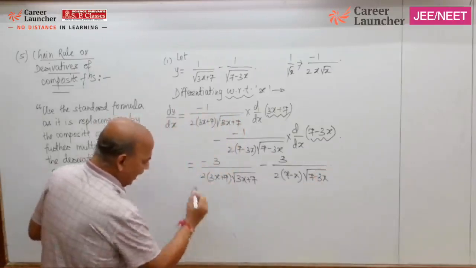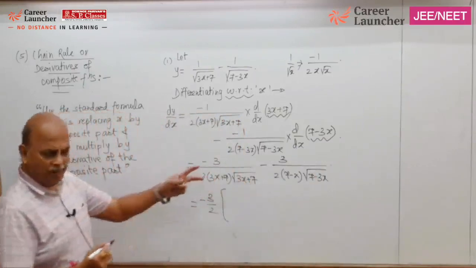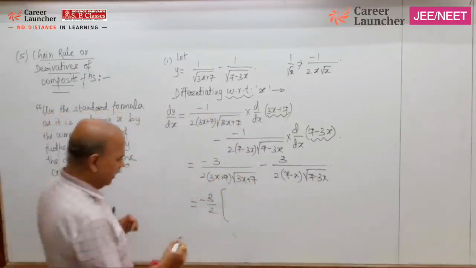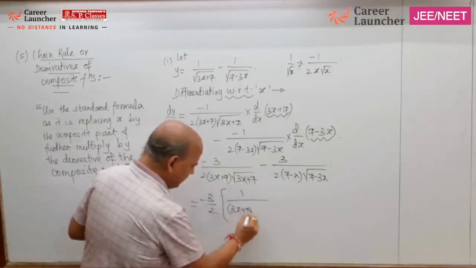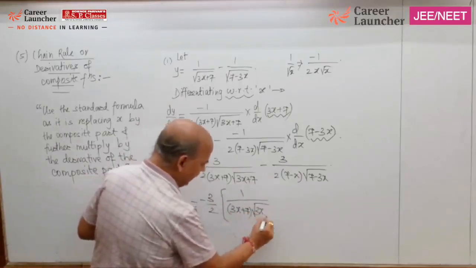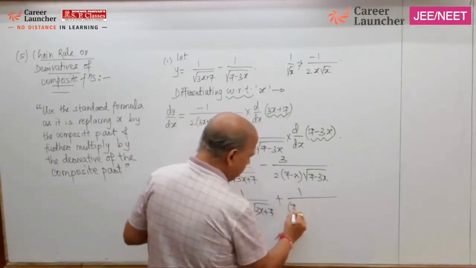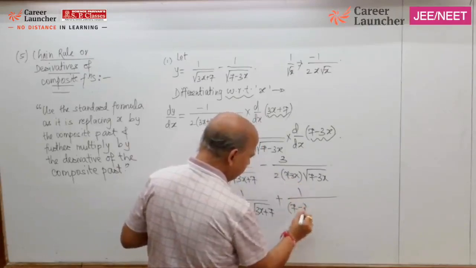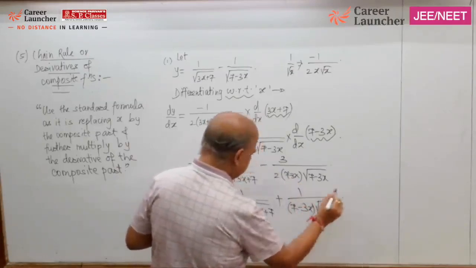At the most, you can write this by taking minus 3 by 2 common: 1 upon (3x plus 7) root of 3x plus 7 plus 1 upon (7 minus 3x) into root of 7 minus 3x. Get it everyone?